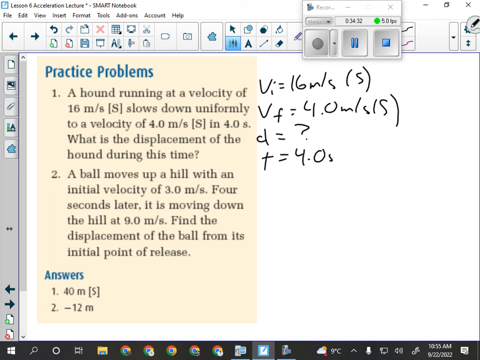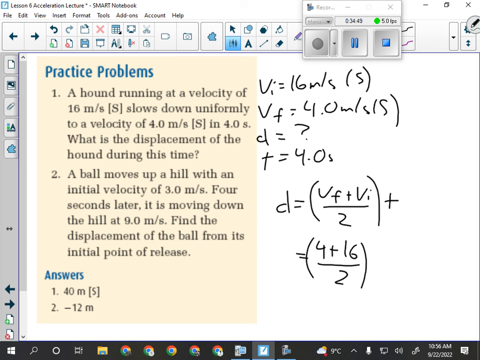So the formula I have to use is this one: d equals (vf plus vi) over 2 times t. For that first one, we're just plugging in the numbers. So we've got (4 plus 16) over 2, times 4. 4 plus 16 is 20, over 2 is 10, times 4 is 40 meters south.